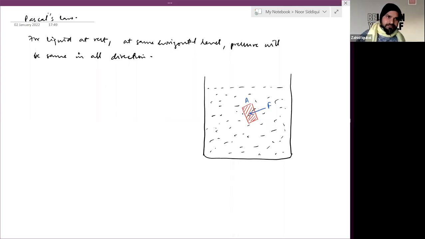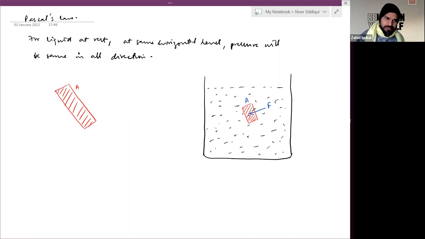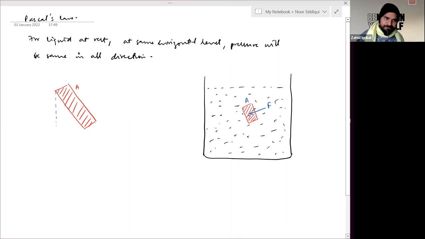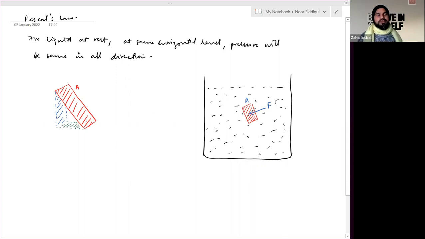Let me define this. For this component, having area A, draw a vertical segment and similarly a horizontal segment.